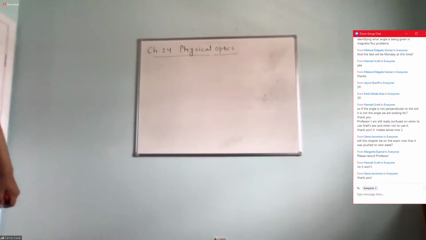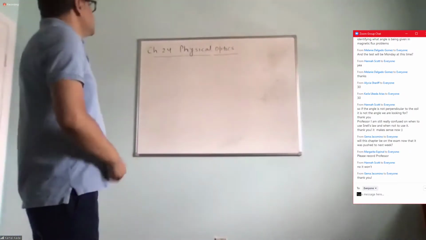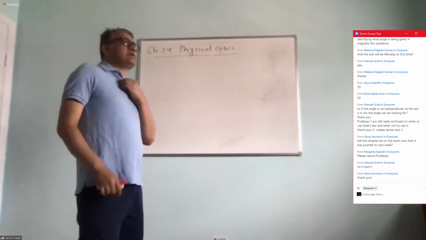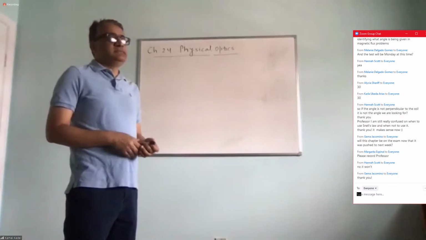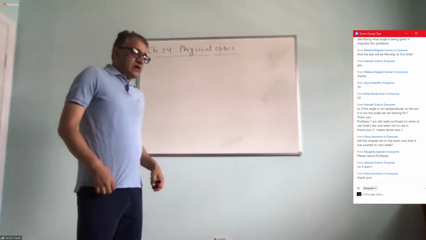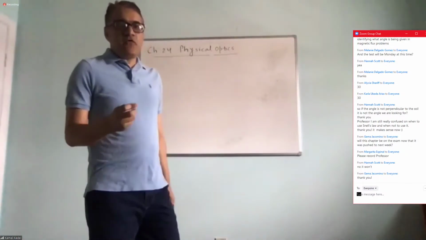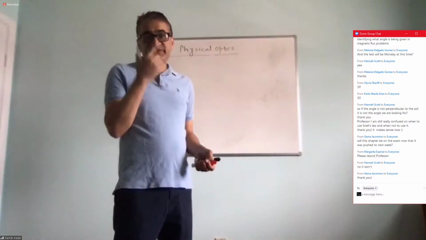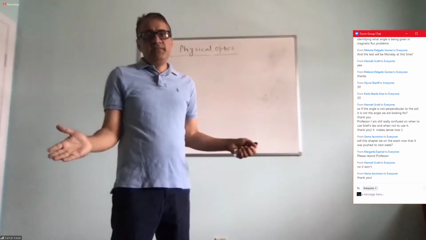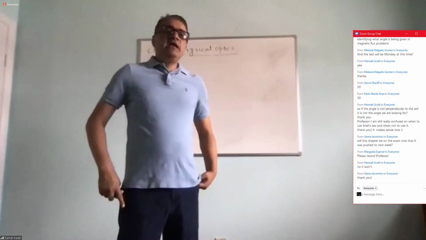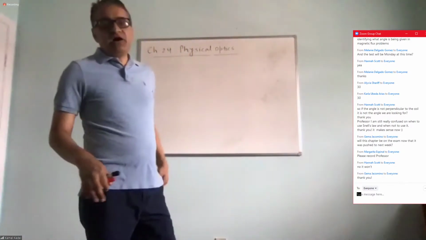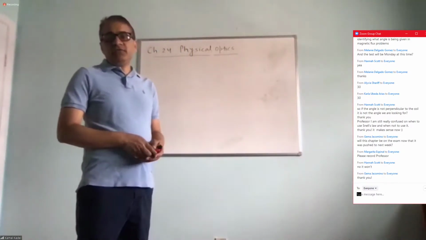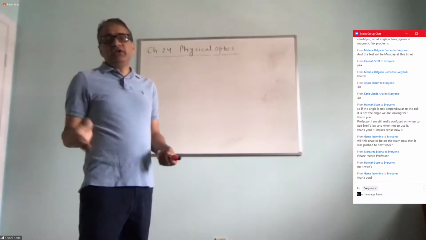Thank you. So physical optics means in this chapter we learn about how images are formed. Basically, we learn about objects and images, right? So right now, if you stand in front of a plane mirror, you can see your image, right? And you can see the image of the cars behind you when you look in your rear view mirror.